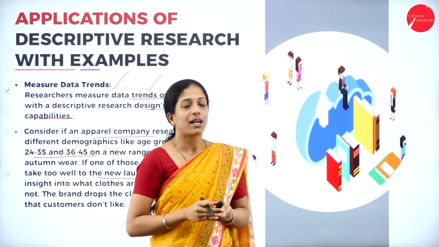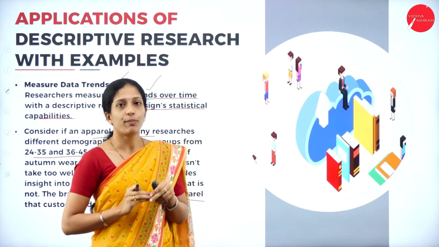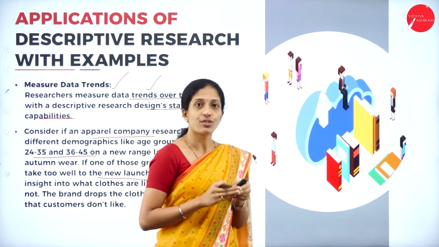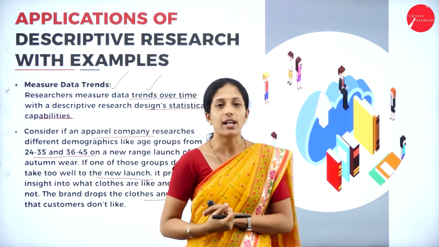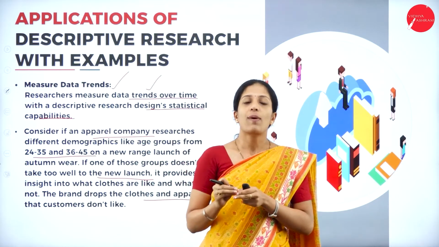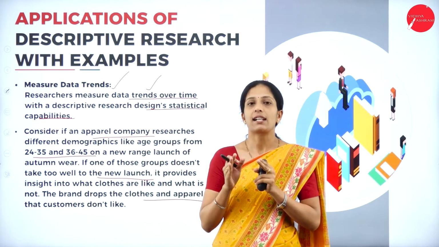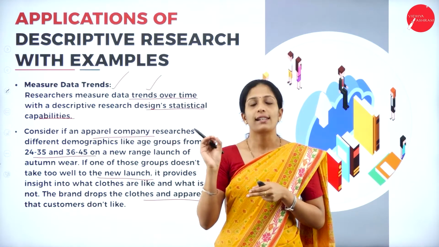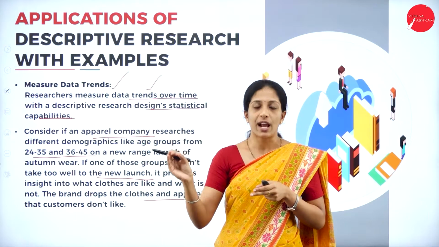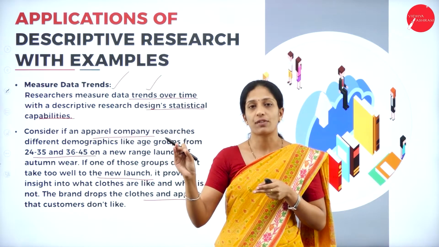So, what you have to remember here? Under the descriptive method, they are going to collect the data through statistical or mathematical tools, which is also considered a quantitative method. Under the quantitative method, they can clearly understand because they will collect in the form of numericals. So, they can clearly understand what type of brand or what is the taste and preference of the customers.